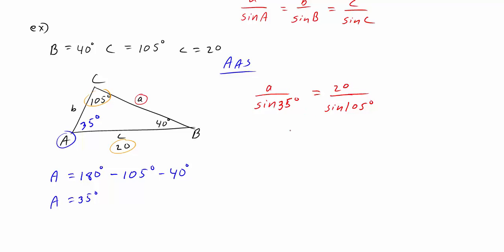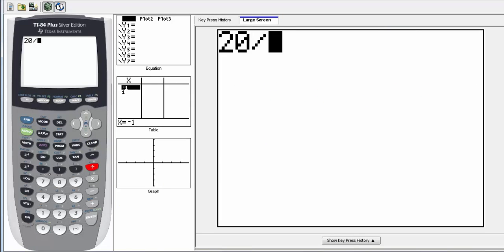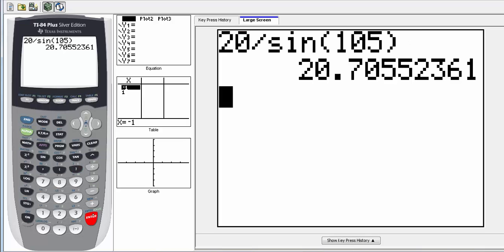So once again, we know three of the pieces, and we can now solve for A by simply multiplying both sides of the equation by the sine of 35 degrees. And once we do that, on the left, they're going to cancel out. We'll be left with little a, and here we have 20 divided by the sine of 105. So we could go to the calculator, type in 20 divided by the sine of 105, and hit enter.